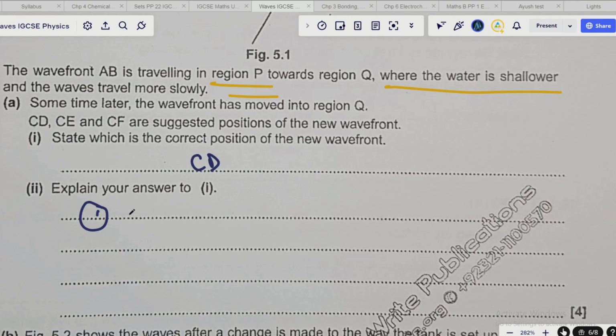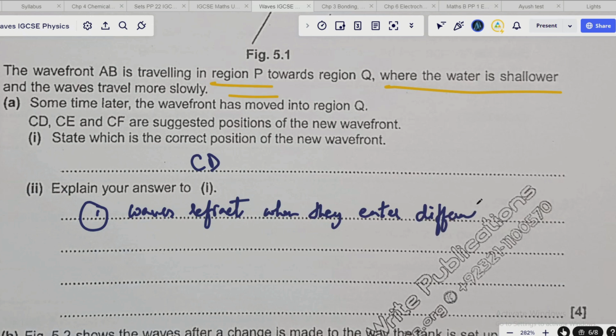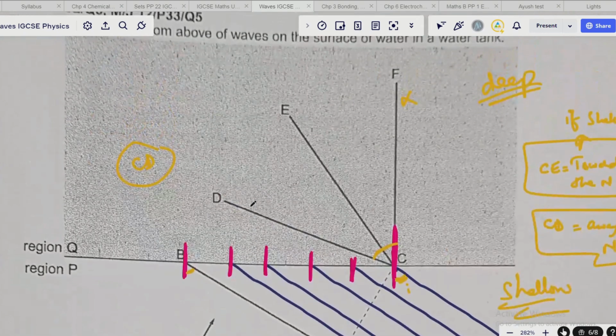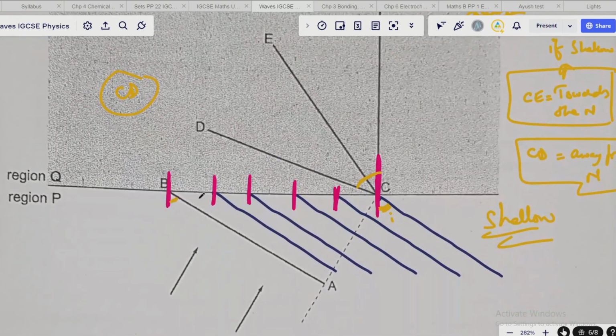Okay, so you have to say that the waves refract when they enter different regions. Okay, now as you know, from B, this point was B, the wave is going to spread away from the normal.